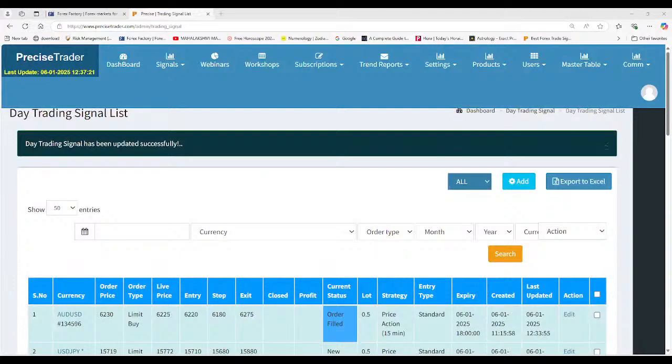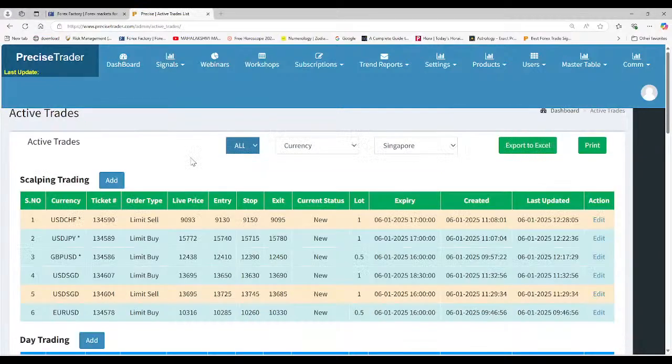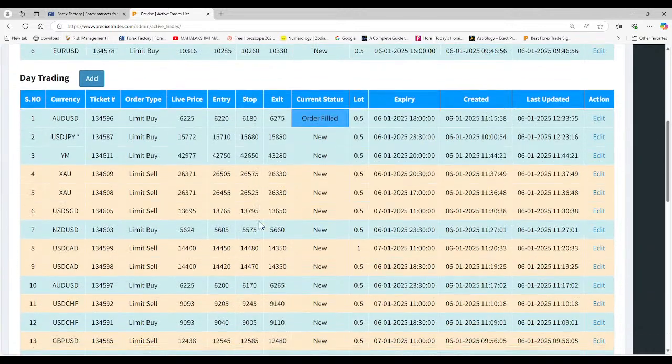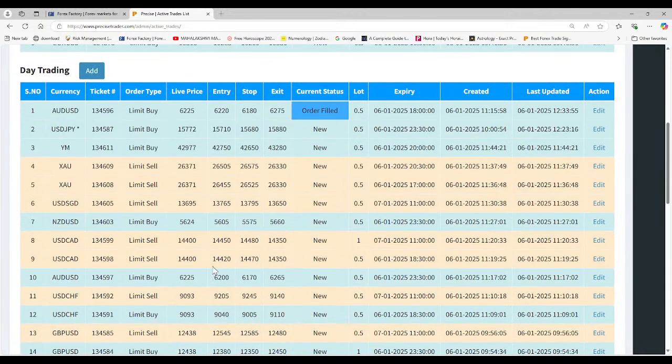So let's see what signal we have given for this. Okay, dollar CAD, we don't have any scalping signal. Okay, we have given a sell call at 44.20. Okay, stop at 70 and 43.50. So this one is either it should be 60 or 70 adjust, and 18.30.